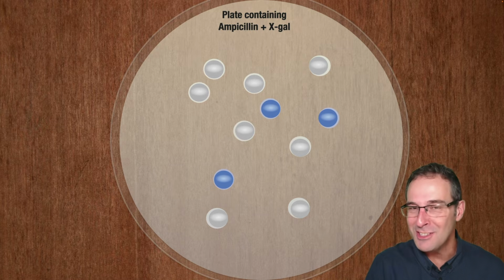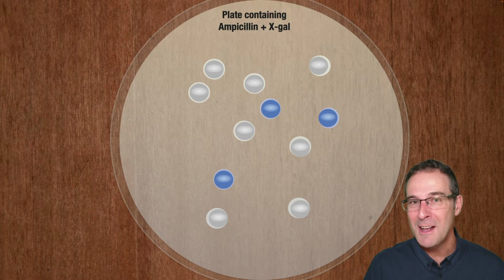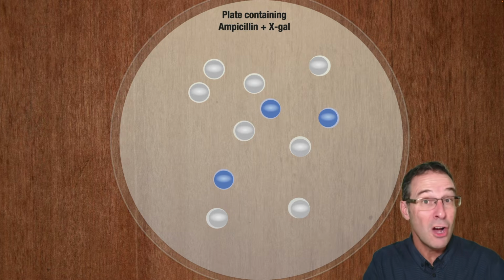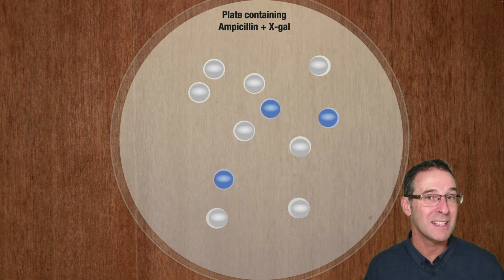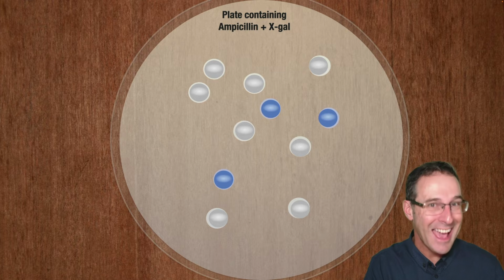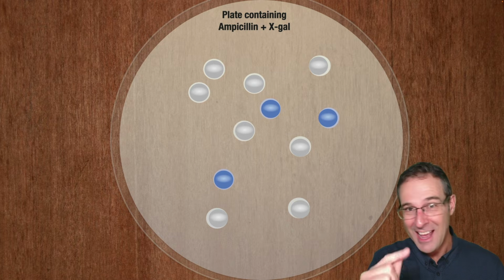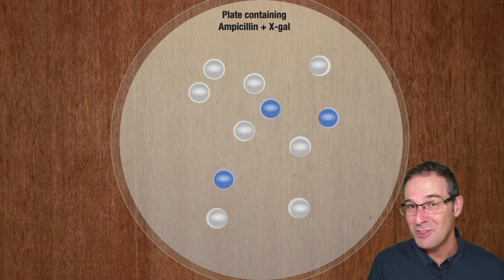So what we need to do is now take some bacteria from one of those blue colonies, because we know that those blue colonies are the bacteria that have taken up our recombinant plasmid containing the human insulin gene and the beta-galactosidase gene. And the importance of that we're going to talk about in just a moment.